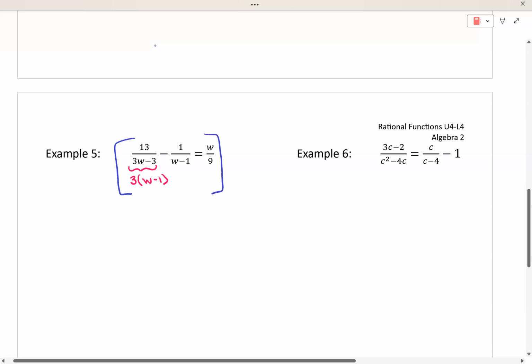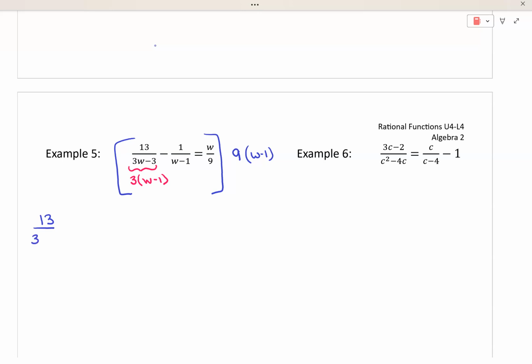So we know we're going to have 3 times w minus 1 for sure, but let's see. We got a 3 and a 9. Can 3 go into 9? The answer was yes on that. So that means we need to multiply by 9 times w minus 1. So if I might just go ahead and write it. Let's see.